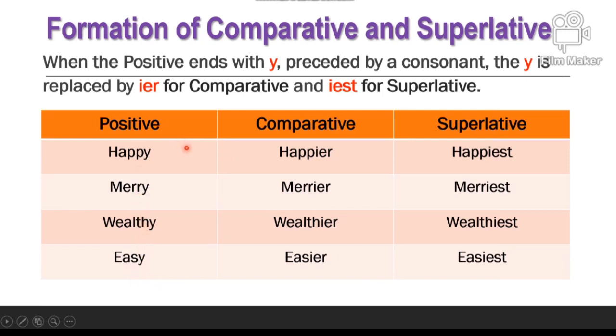So when we have to convert these positives ending with y and before that a consonant is there, we just have to replace y with ier for comparative and iest for superlative. Then happy, happier, happiest. Merry, merrier, merriest. Wealthy, wealthier, wealthiest. And easy, easier, easiest. Here, y is substituted by ier for comparative and iest for superlative.